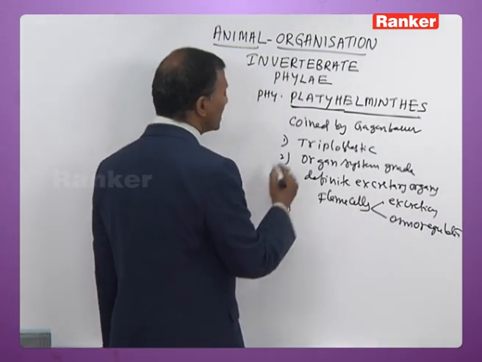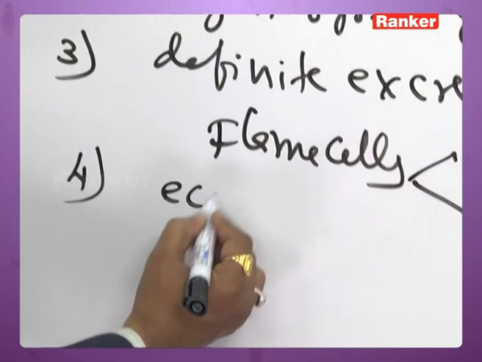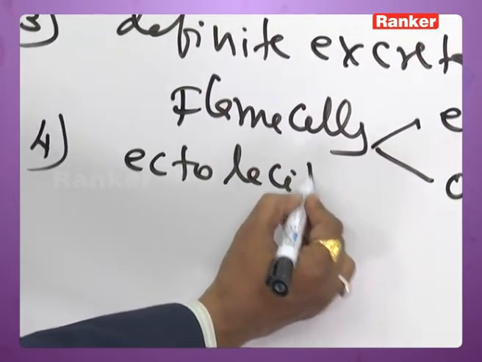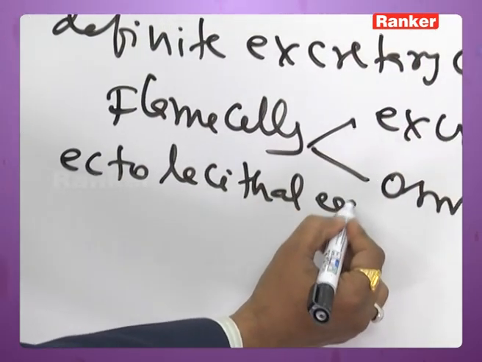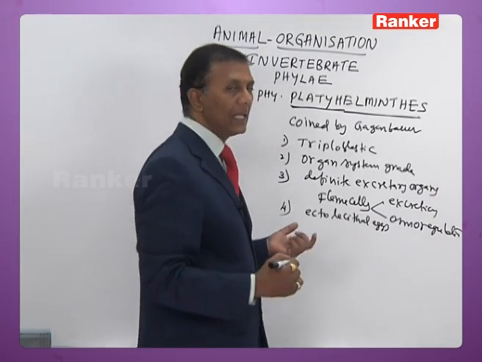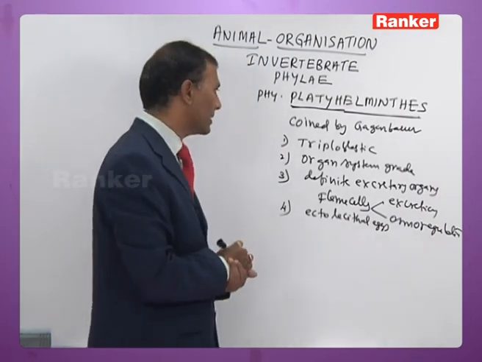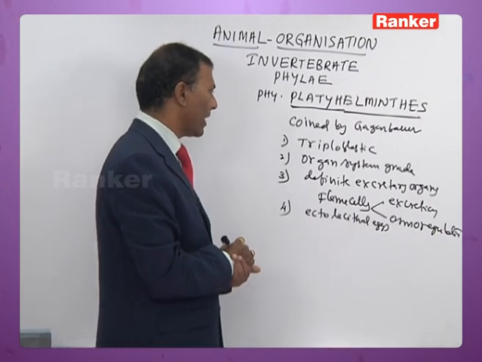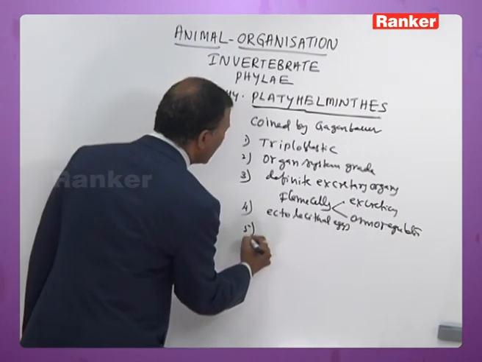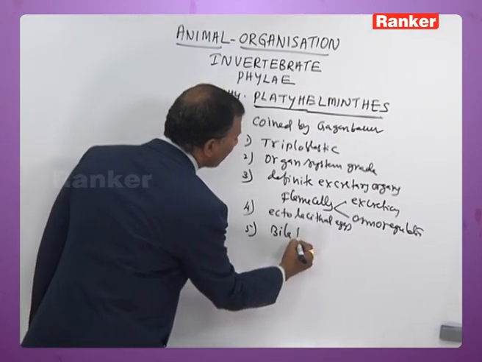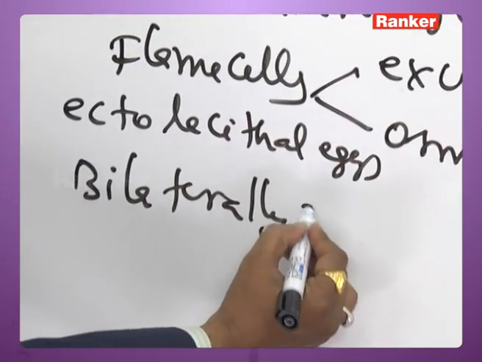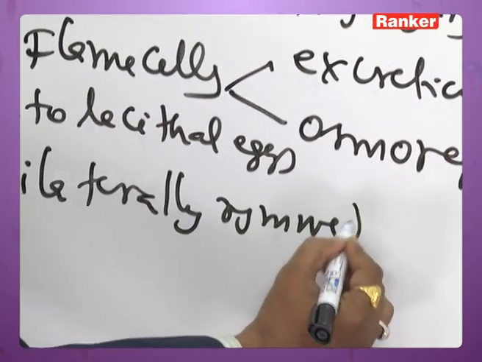Apart from this, ectolecithal eggs are present in them, that is, yolk lies outside the egg. Then another first formed character is that they are the first bilaterally symmetrical animals.